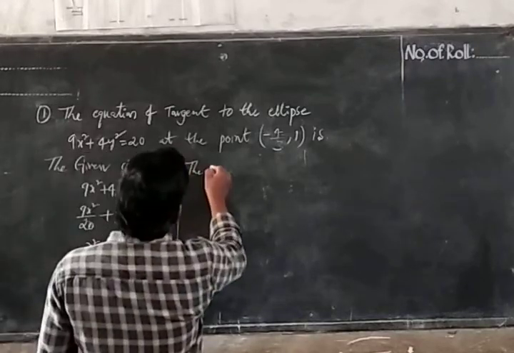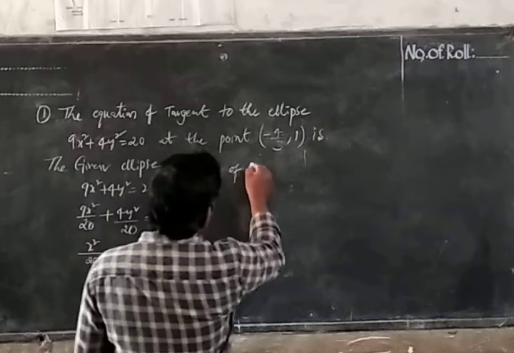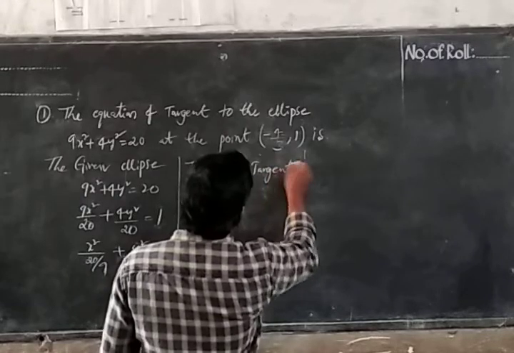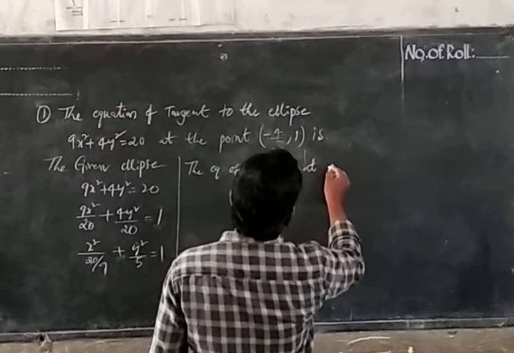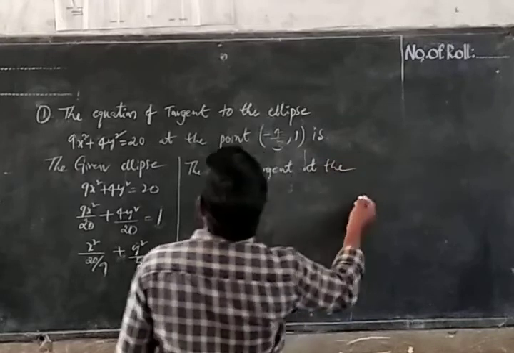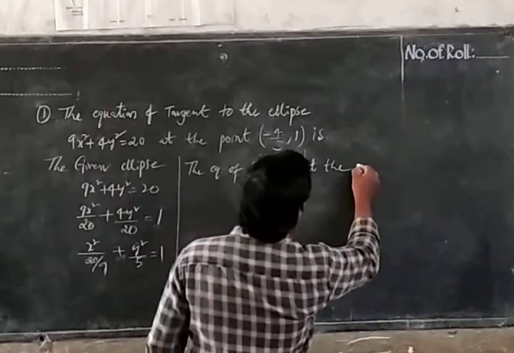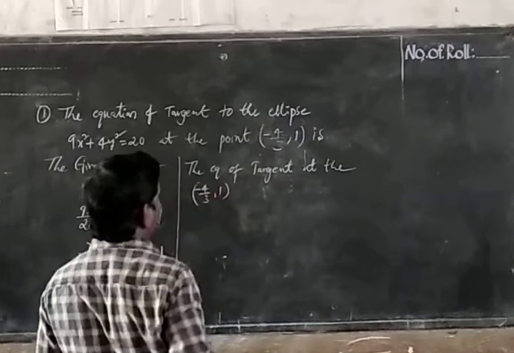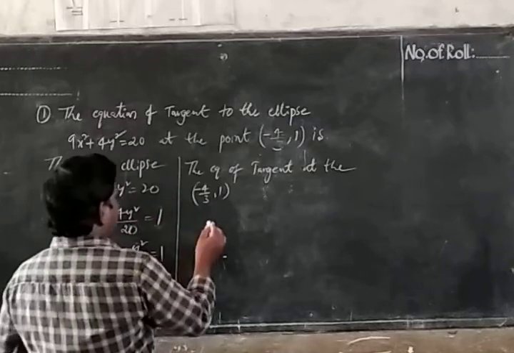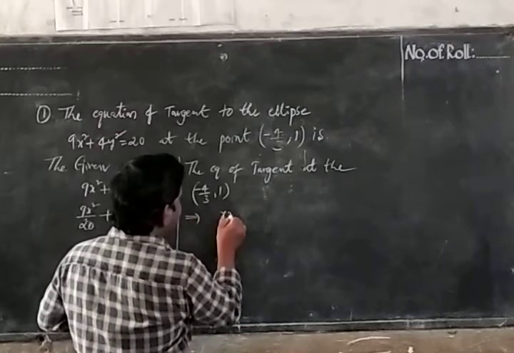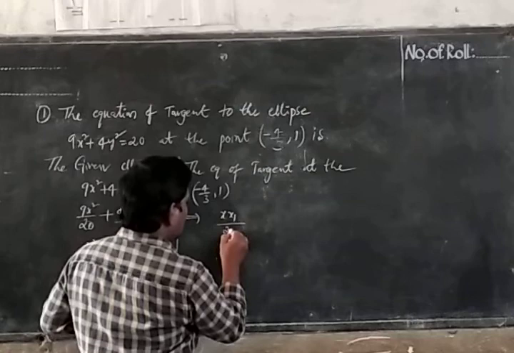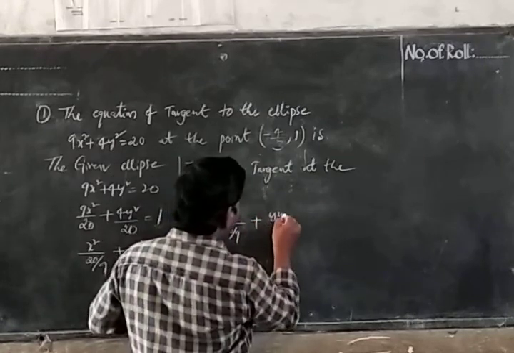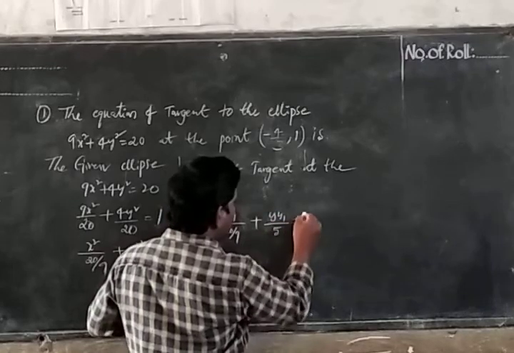Now the equation of tangent at the given point minus 4 by 3 comma 1 is x1 by 20 by 9 plus y1 by 5 equal to 1.